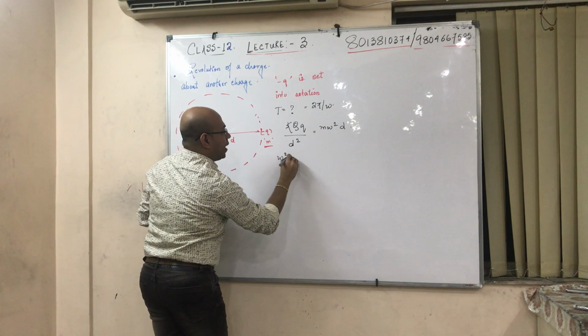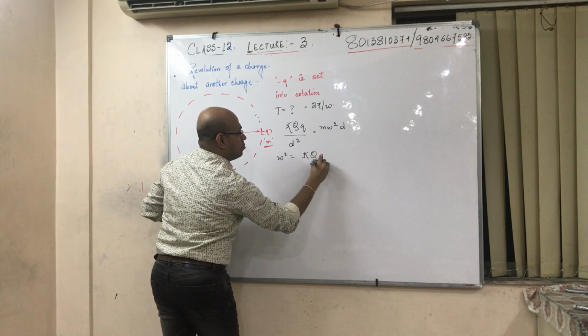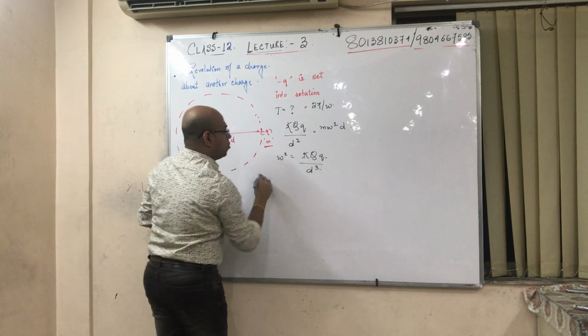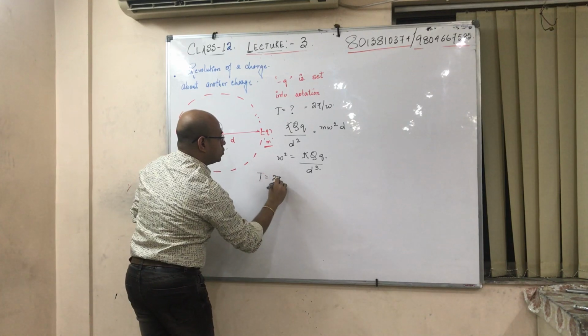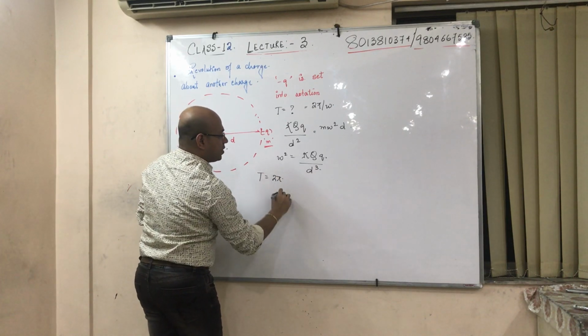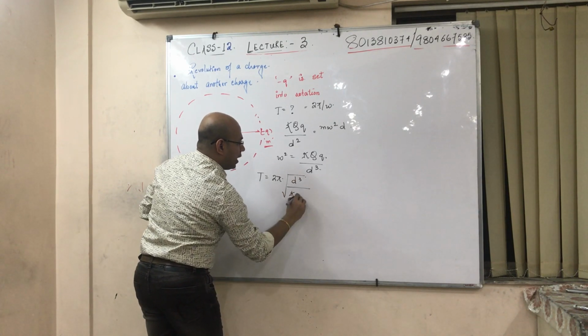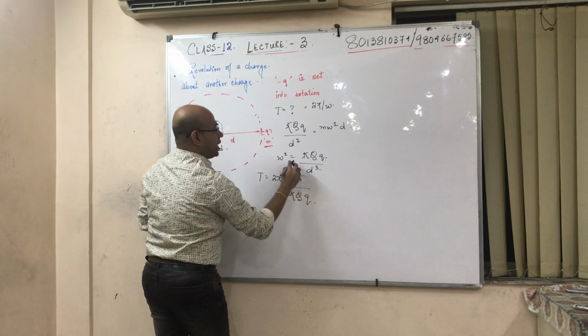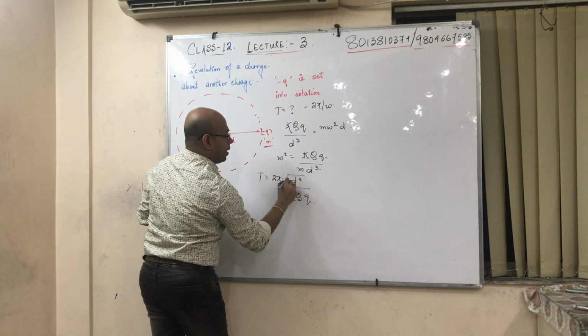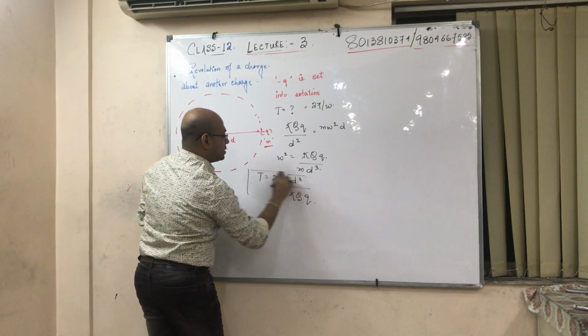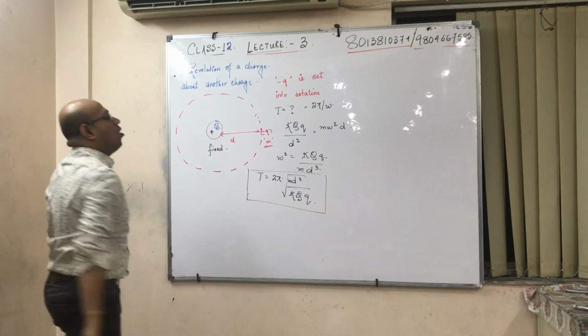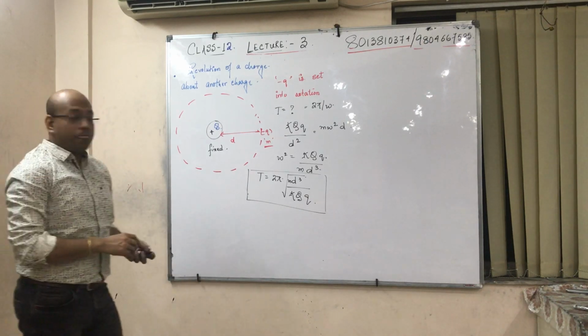So omega square is equal to k big Q small q by m d cube. Time period becomes 2 pi root of m d cube by k big Q small q. I had missed one m. This is the time period of rotation.